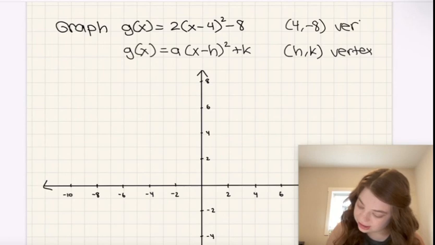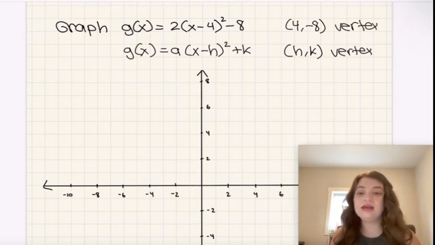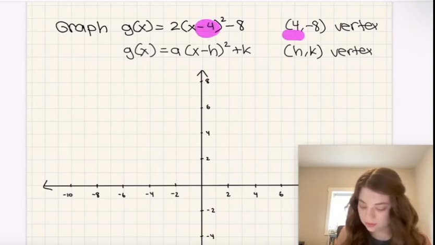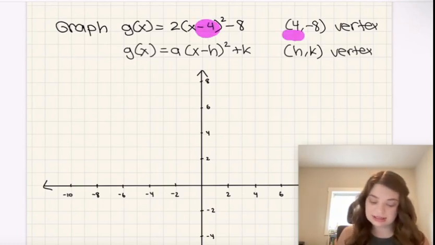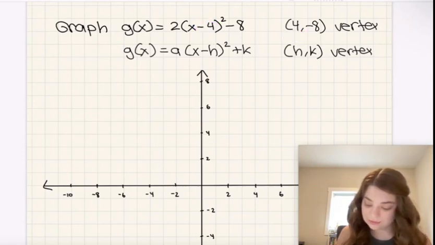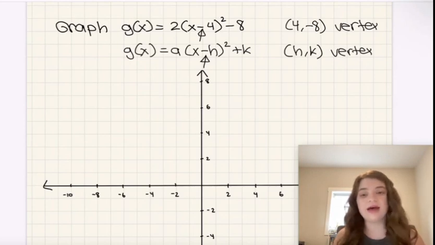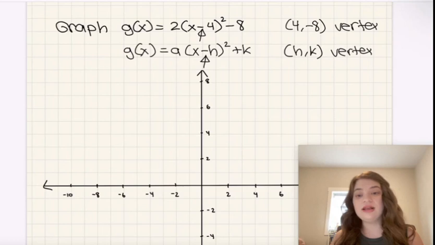Now, a question I get asked all the time is, oh, but this says -4 right here. How come I wrote +4? And the reason is because if we look back at the vertex form equation, notice that there's already a negative sign here. So this negative sign that's beside the 4, or beside any other number for that matter, is already in the equation.